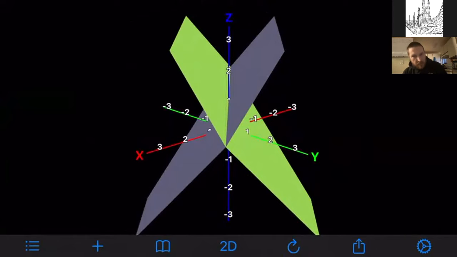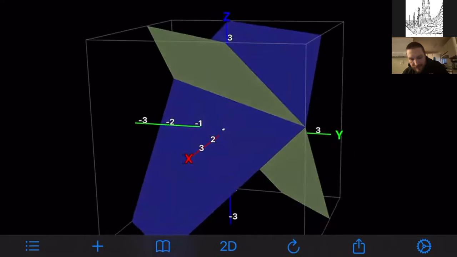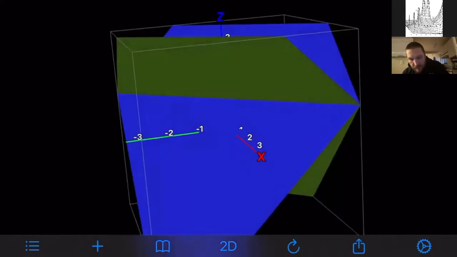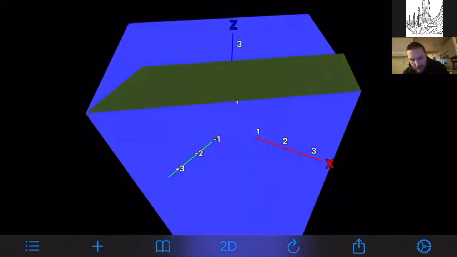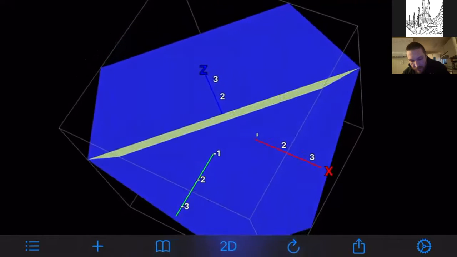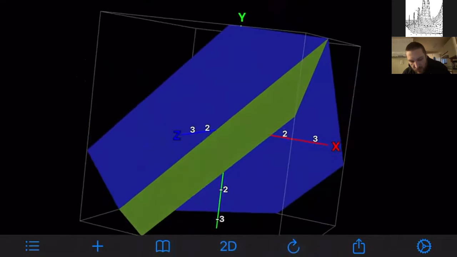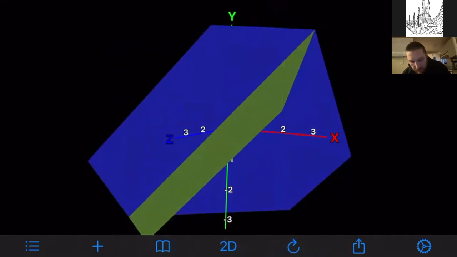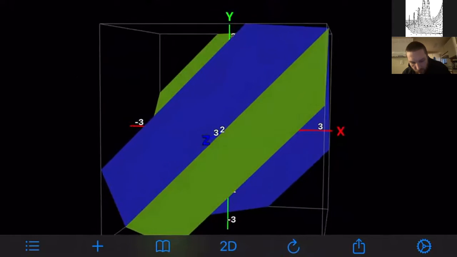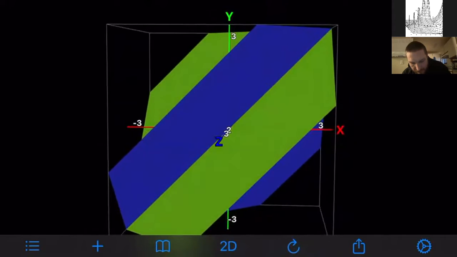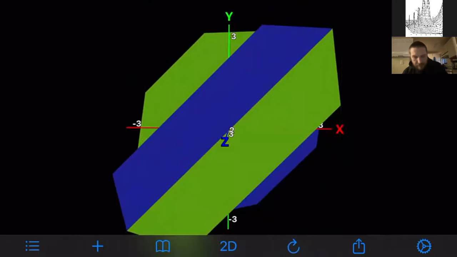There are a couple of interesting things to note. If we forgot for a second that there was a z-axis, that is, if I rotated this around and oriented it in the way that I'm used to, where the x is going off to the right and the y is going straight up and down, like how we normally graph things with the horizontal x-axis and the vertical y-axis, we could see that the line where those two planes intersect looks a lot like the line y equals x.